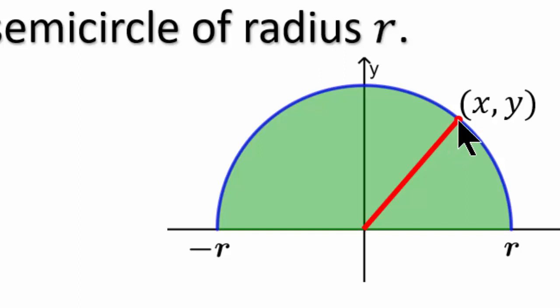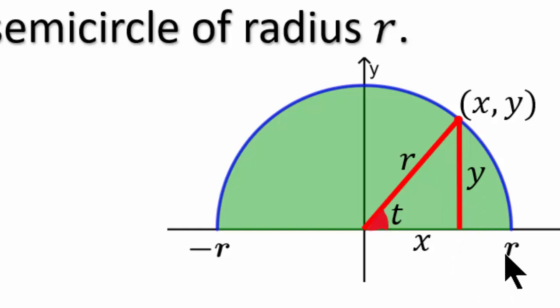This segment is equal to the radius, which is r. And now from this point, draw a vertical to the x axis. This angle, let it be equal to t. And here it is x and here is y.